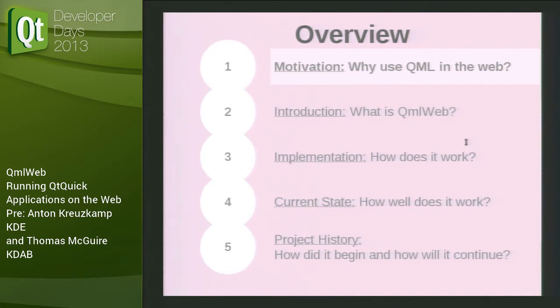How do we teach the web browser property bindings and anchor layouting? In this chapter, we will not only talk about how QML Web works, but also about how the QML engine of Qt works. So that's where Thomas will talk, and we will then compare it to how QML Web works.